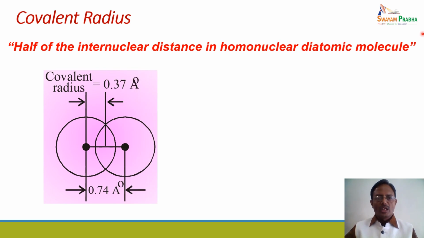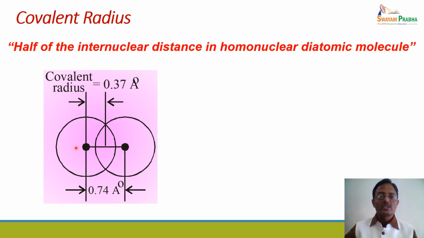For example, if we consider H2 molecule, it is practically possible to determine the distance between the two nuclei, because nuclei have larger mass and are not affected by the Heisenberg uncertainty principle.